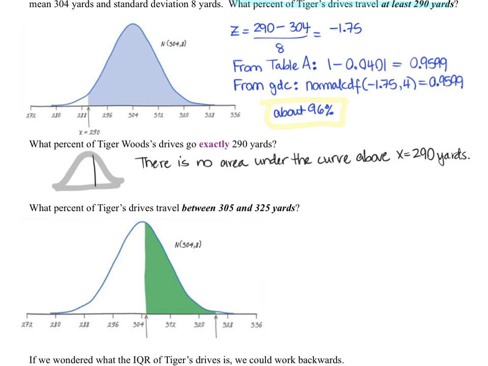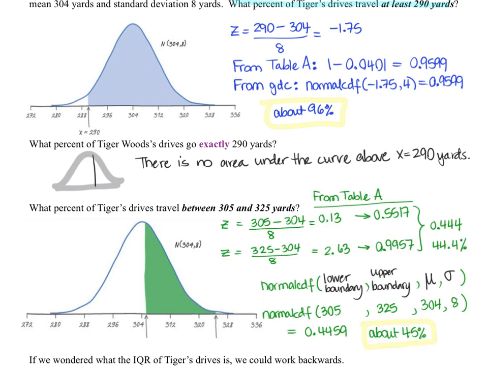All right, let's find the z-scores associated with the two values of interest, 305 and 325. When using Table A, the z-scores are only listed to the hundredths place, so there's no point in going 3 decimal places on the z-score. And so we know we're going to be a little bit less accurate than when we use the normal CDF feature in our calculator.